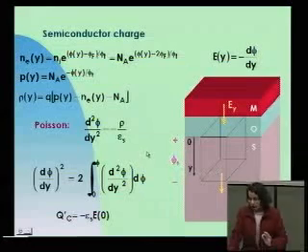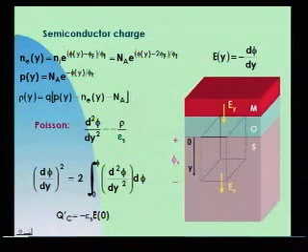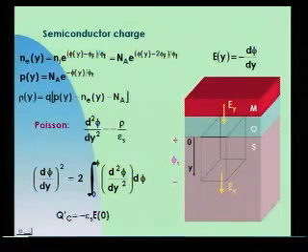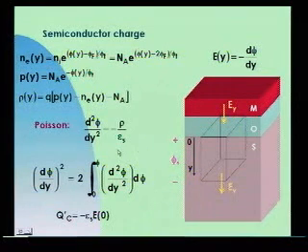Okay. Then I'm interested in the charge distribution. As I said, how can I compute this charge distribution? I must solve the Poisson equation in this material. But since I have voltage drops only in the vertical direction, I can reduce the Poisson equation to the one-dimensional case, which is easy to solve.